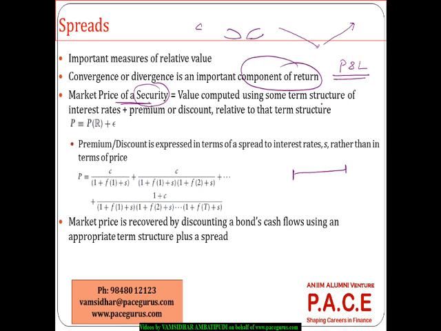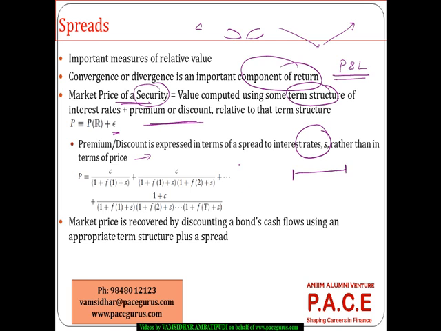So value computed using some term structure. And on top of that, we are adding a premium or a discount, which is a measure of spread. That premium or discount is coming out as a measure of spread, which is expressed in the form of interest rate rather than in the form of prices.